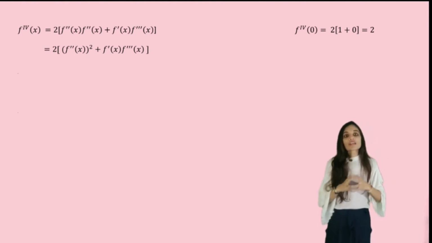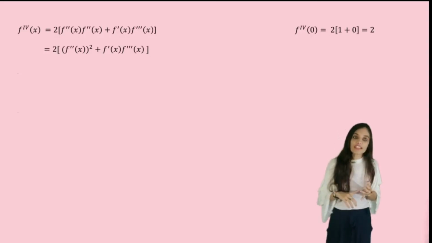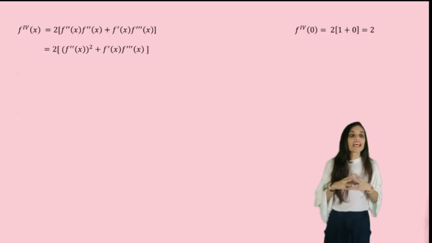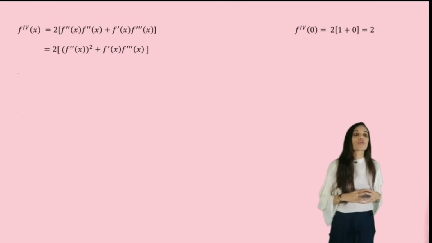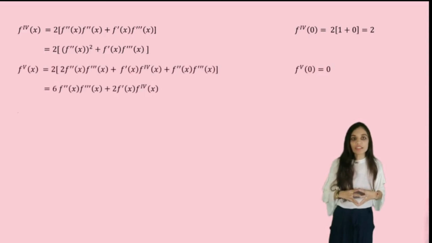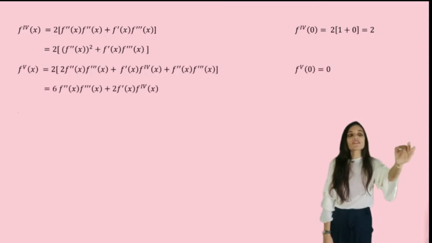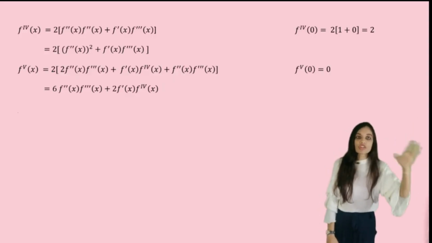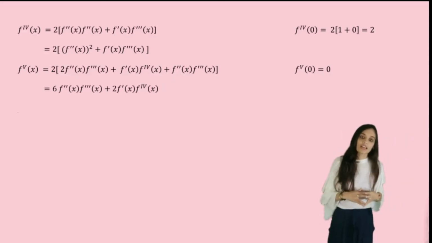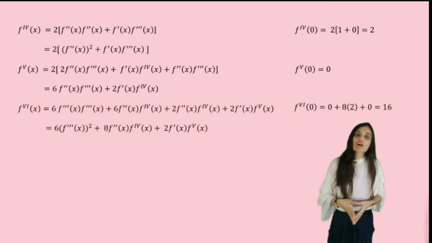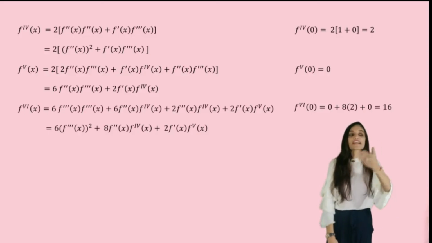Now we will put the values of f dash of x, f double dash of x and f triple dash of x at 0. So putting all these values, we will get our fourth derivative at x is equal to 0 as 2. Next, let's move on to our fifth derivative. You can have a look at the fifth derivative, and the fifth derivative at x is equal to 0 is equal to 0. You have to repeat the same procedure again and again to find the derivatives. Next, we will find the sixth derivative also using the same process, and so on.